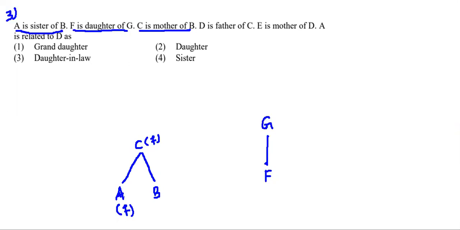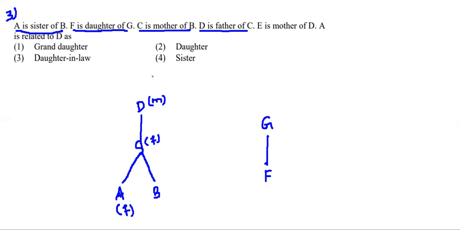Since A is the sister of B, it is obvious that C must be the mother of A also. Next, we have D is the father of C. So that means D must be a male. We'll just match it like this.